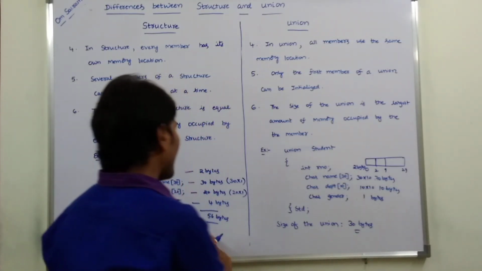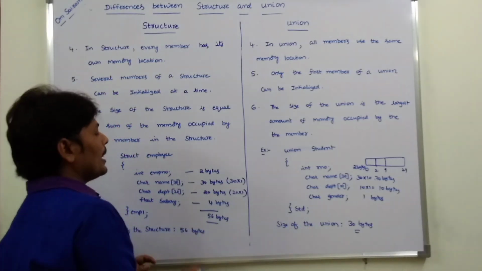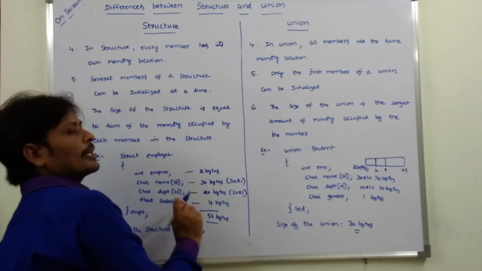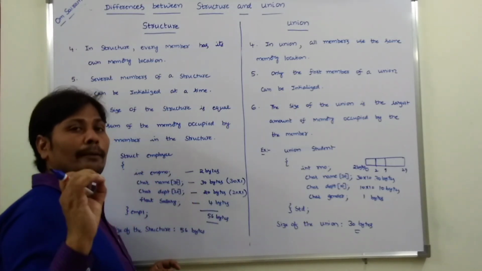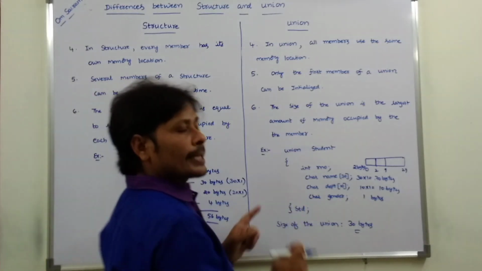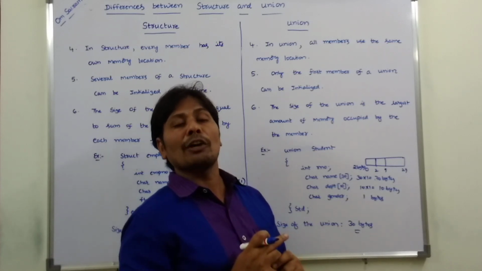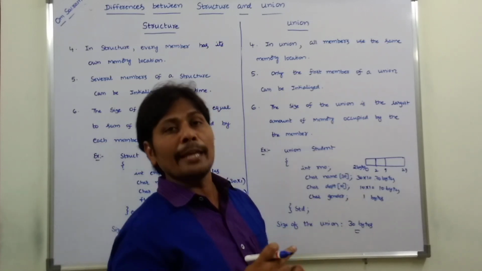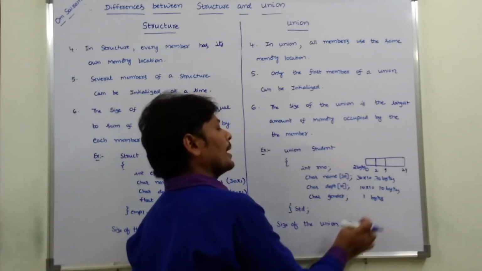So this is the main difference between structure and union. Here the size of the structure is the sum of the memory occupied by each member in the structure. Here the size of the union is the largest amount of memory occupied by any member.